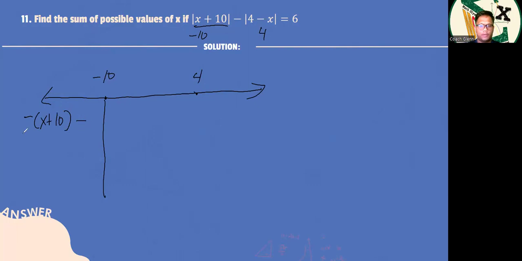So that's still minus 4 minus x is equal to 6. So negative x minus negative x, that's negative x plus x, which is equal to 0. Next, we have 10 minus 4, so that's 6. So 6 equals 6. That's correct, so all of the numbers here are solutions.